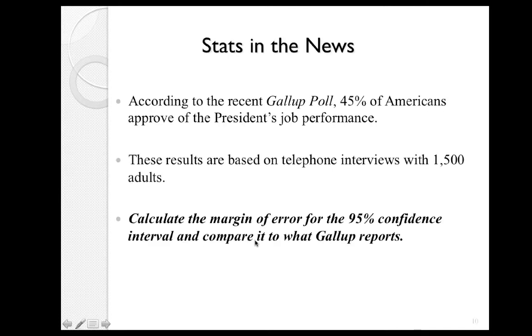So going back to the beginning slide, according to the recent Gallup poll, 45% of Americans approve of the president's job performance. And these results are based on telephone interviews of 1,500 adults. Let's calculate the margin of error for the 95% confidence interval and compare it to what Gallup reports.